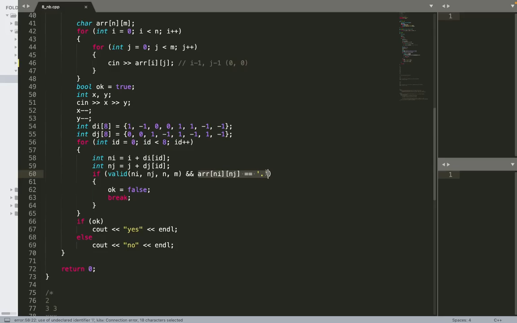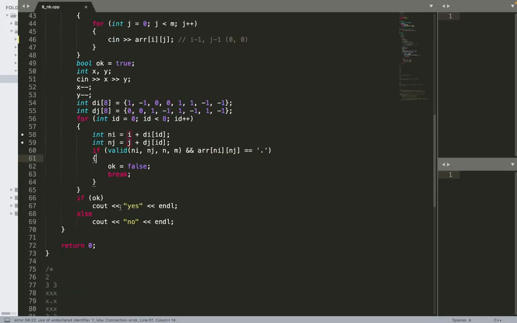Else, if it never falls into this, that is, all of the valid eight neighbor coordinates or cells are x's, then we will never go through this scope, and finally it will be yes, otherwise it will be no. That's the simple algorithm, and as you can see, this loop is constant. That is, there will be exactly eight iterations no matter what, and eight is a constant number, so order one.